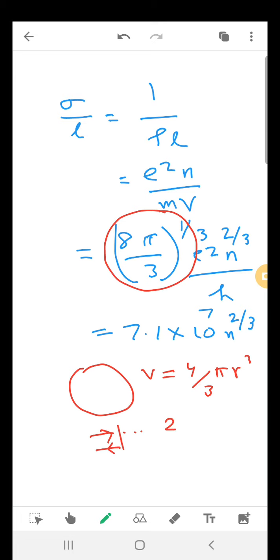So it's 2 into 4/3, that makes it 8/3 pi r cubed. This is actually the volume. So when we are considering the number of electrons per unit volume, this n is multiplied by 1/3 of this value, where v is the velocity.